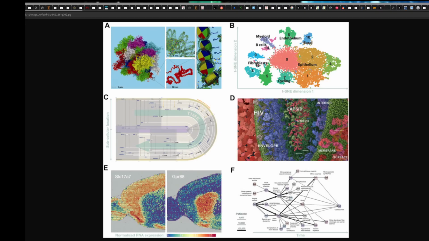Economo, M.N., Clack, N.G., Lavis, L.D., Gerfen, C.R., Svoboda, K., Myers, E.W., et al., 2016. A platform for brain-wide imaging and reconstruction of individual neurons. eLife 5, e10566. DOI 10.7554/eLife.10566. PubMed Abstract, Crossref Full Text, Google Scholar.